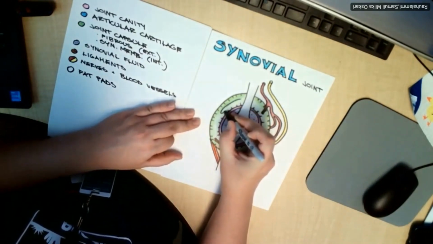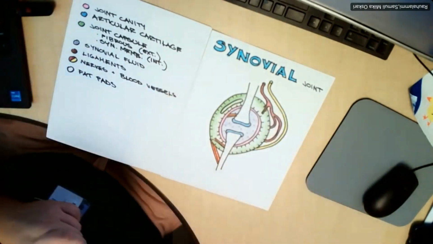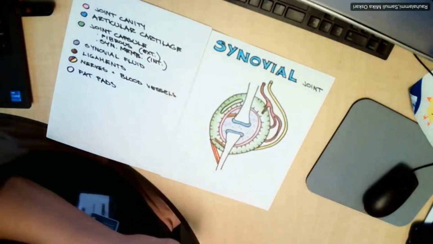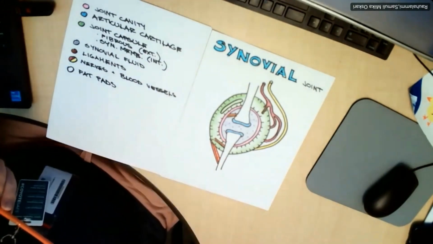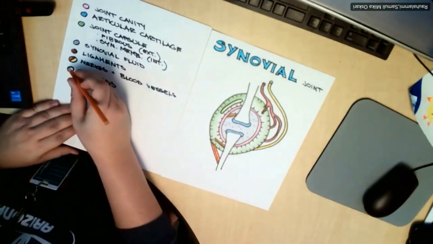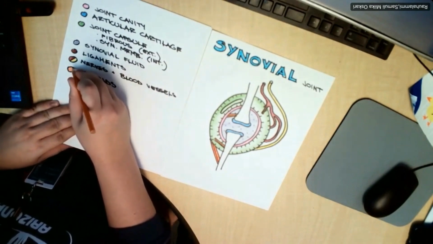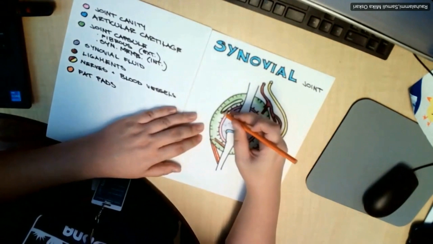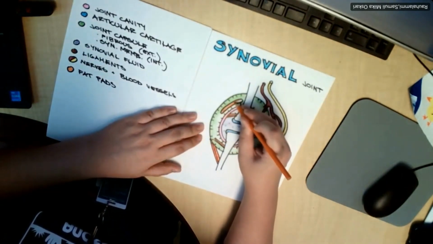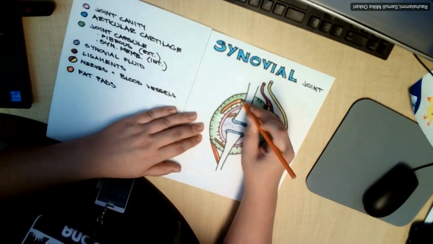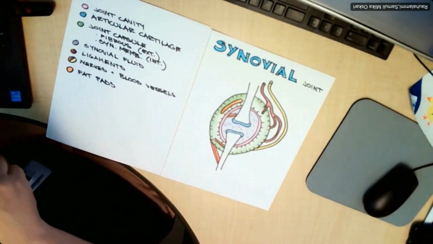You can think of them a little bit like cushioning. It gives us a way to ensure that we have a little bit of cushioning present within this capsule itself. So we tend to find those within synovial joints as well. I think that's a good one to include.